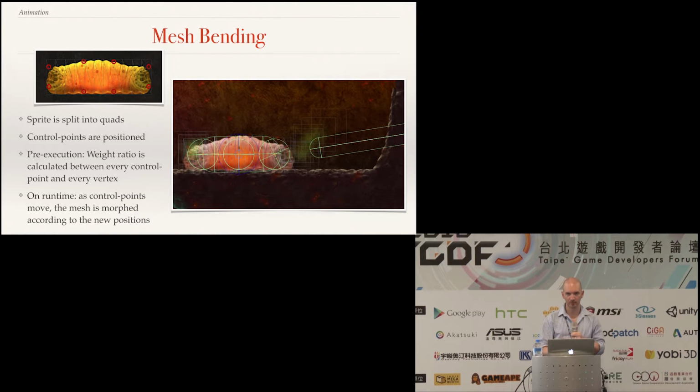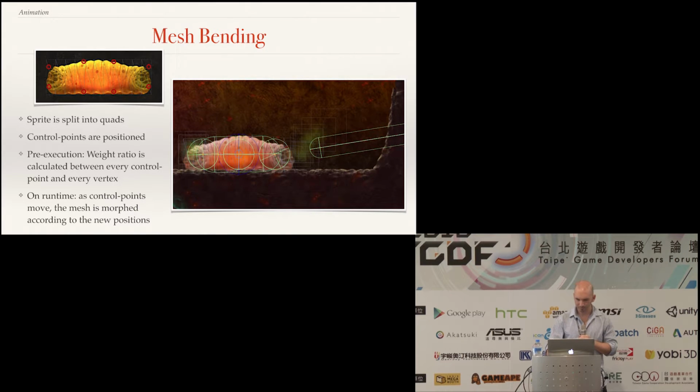We know the distances and their angular distances as well. Then at runtime, we can shift those control points, and as they move, we do the reverse calculation, and we know where the vertices would end up.